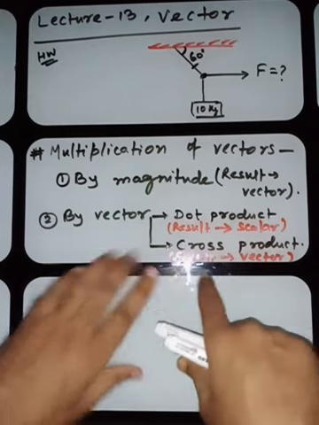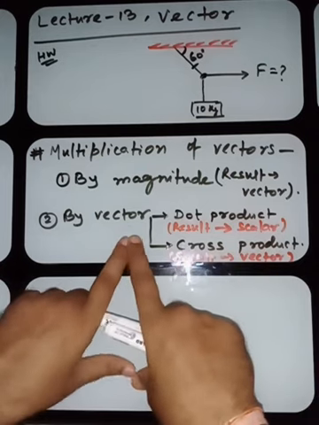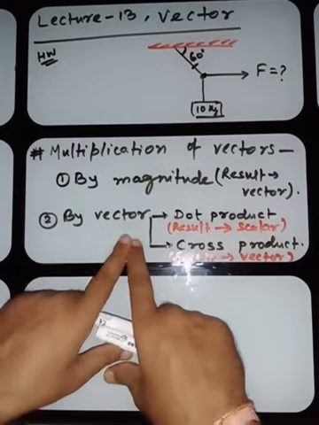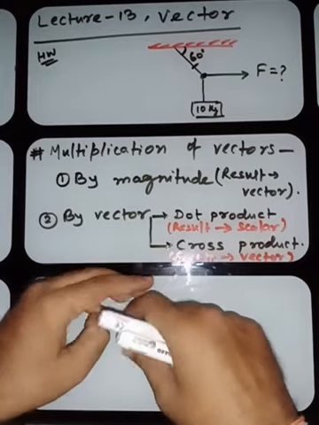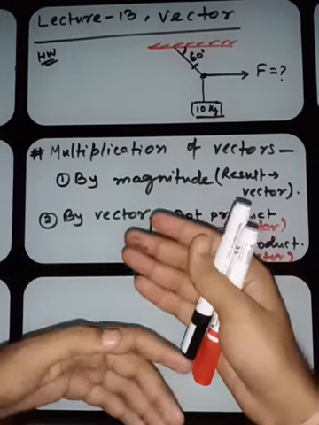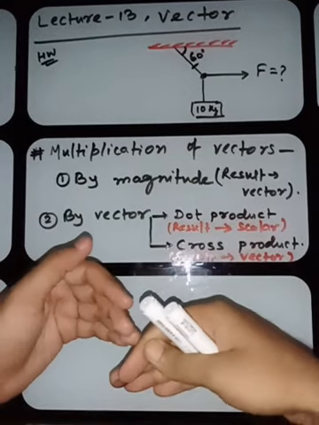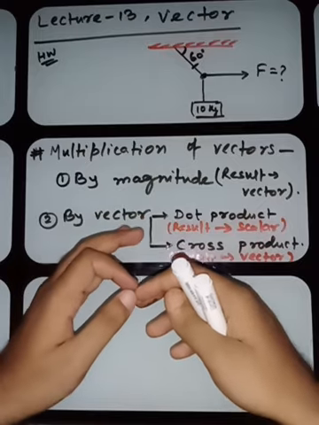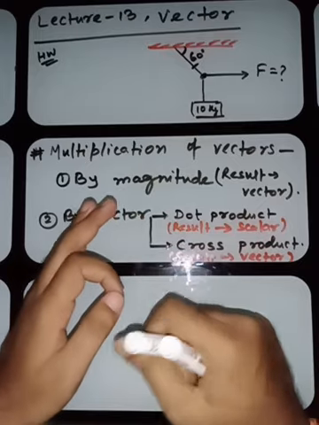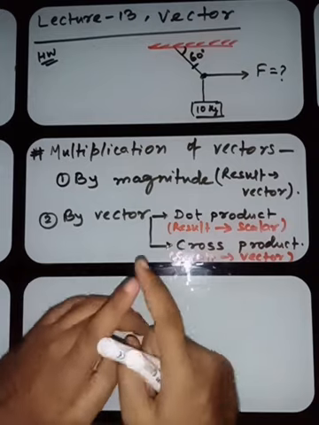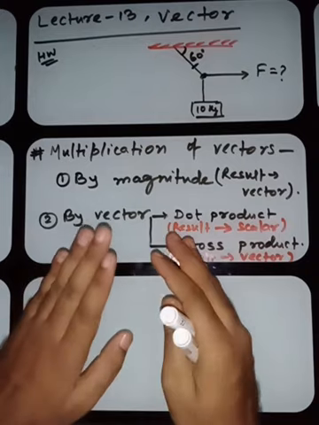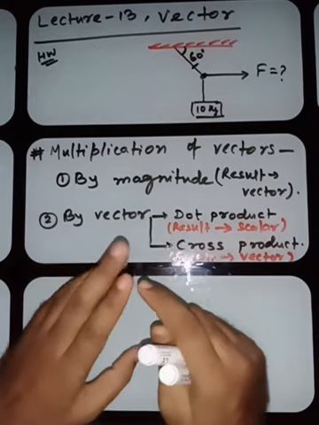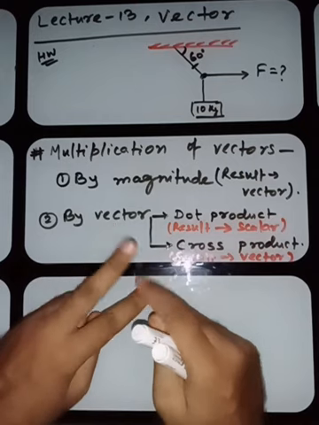My dear students, if you do the multiplication of a vector with a vector, it could be a scalar or it could be a vector. Try to recall, you have studied in standard 9th the formula of work done. That formula arises when you multiply two vector quantities, force and displacement.